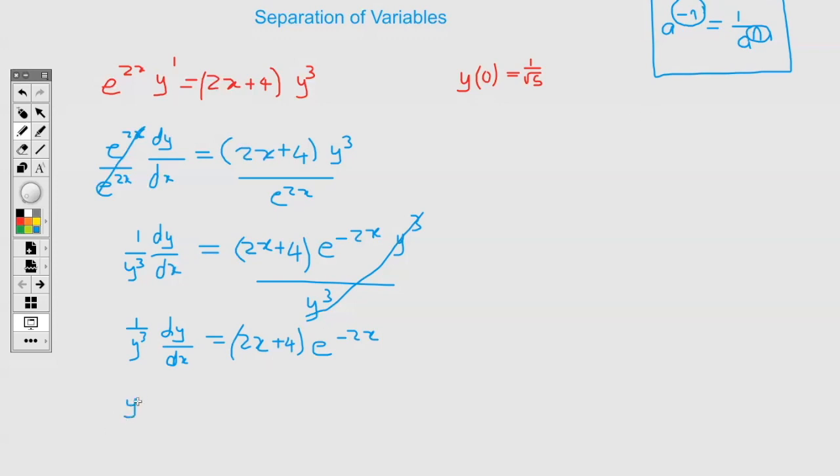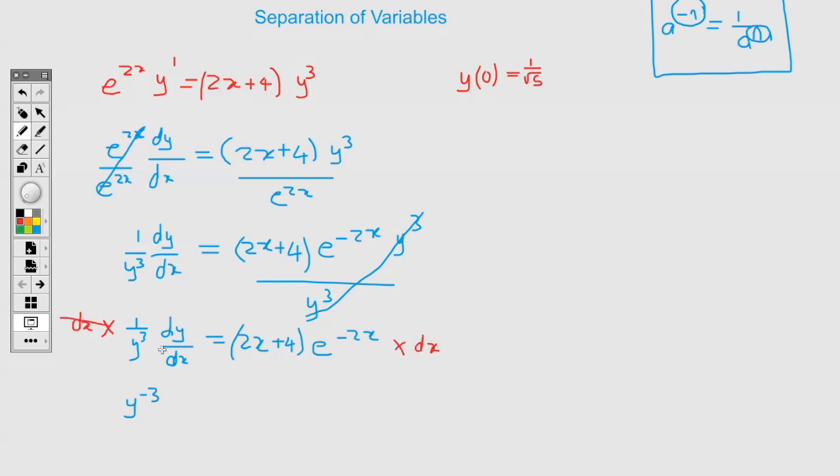Now, I'm also going to do another step, getting dx on the other side, because remember, separation of variables means all the y's on the left and all the x's on the right. So dy is on the left and I need to get dx on the right. To get it on the right, I will multiply both sides by dx. So these two cancel.